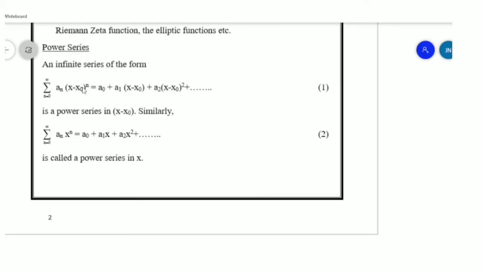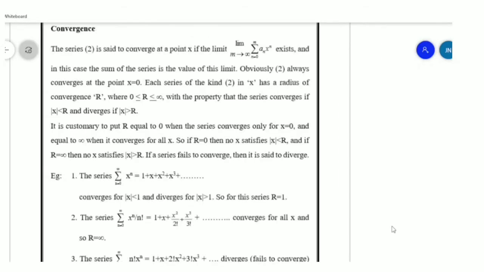Next we can talk about the convergence and radius of convergence of the power series. The given power series converges only when its limit exists. So we can say that this power series converges for mod x less than r and it diverges if mod x greater than r.